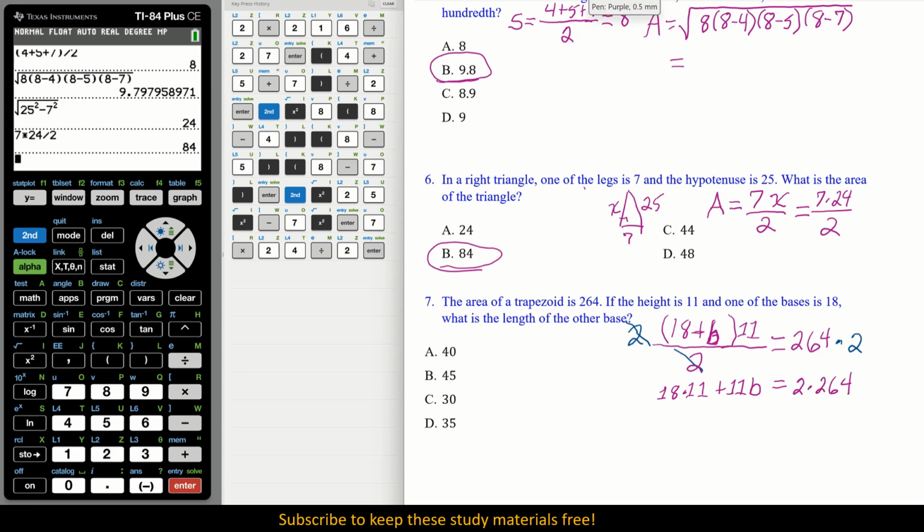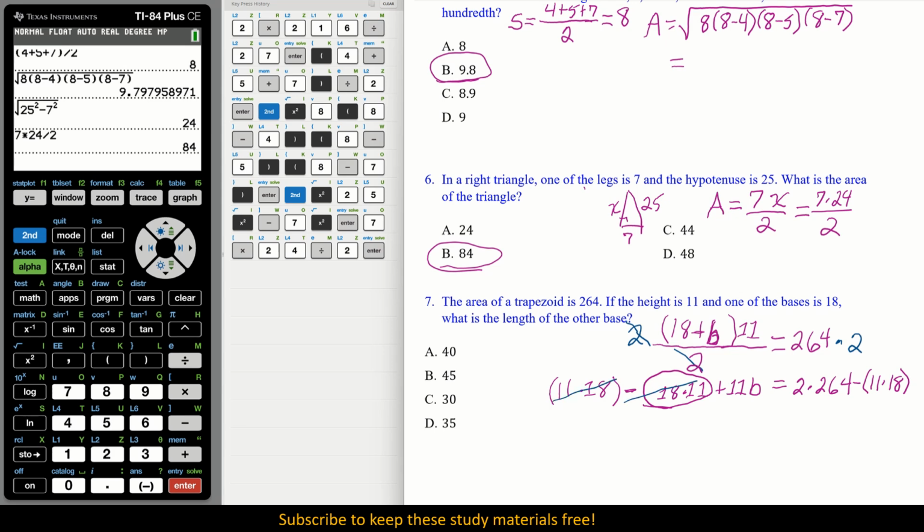And now we need to subtract this from both sides. So let's do that. Minus 11 times 18. I can just put that over here, 11 times 18. And because those are subtracted from each other, that equals 0.